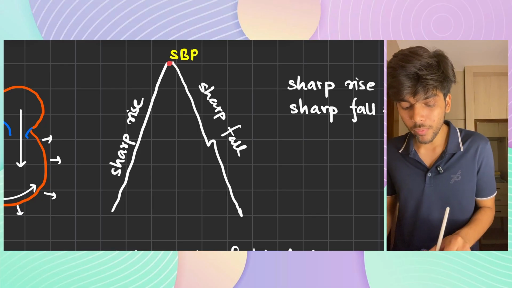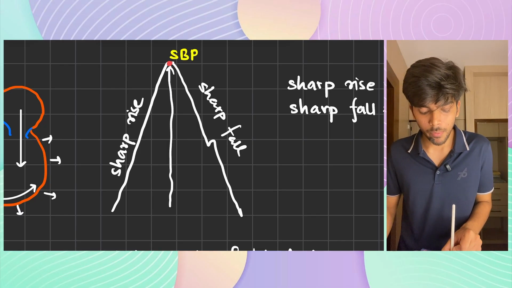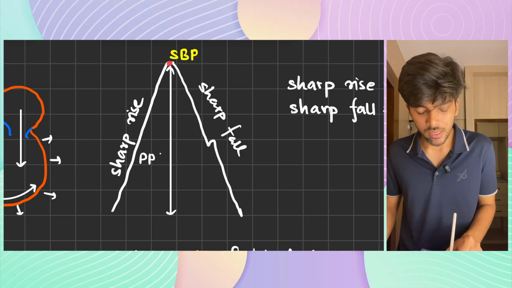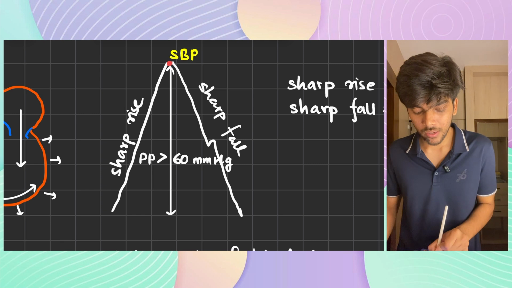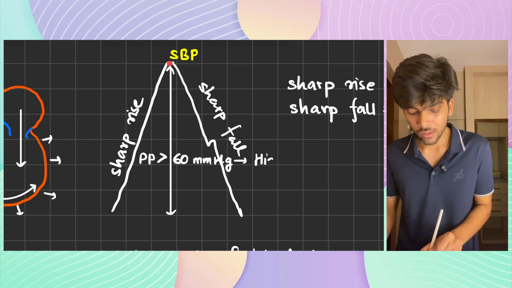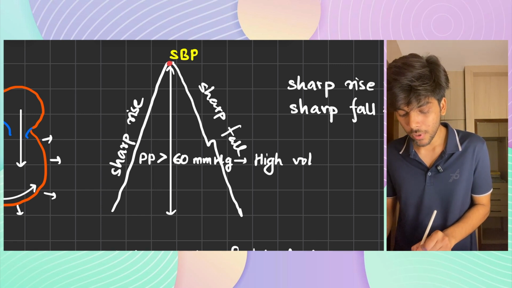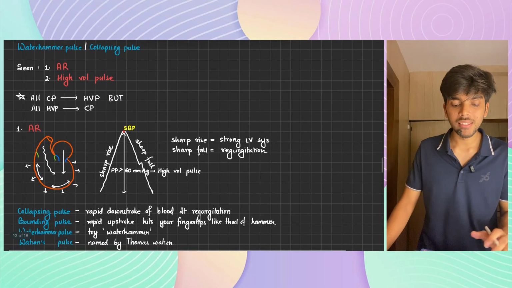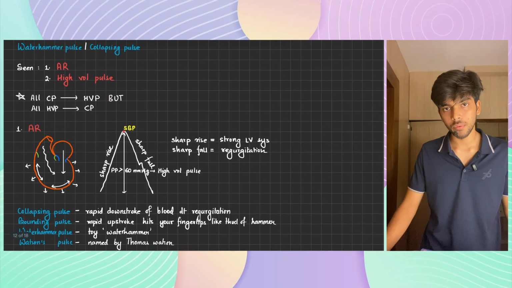Since the systolic blood pressure is high, the difference between the baseline and the peak is also high. That means the pulse pressure is greater than 60 mm of Hg, and that is why you get a high volume pulse.